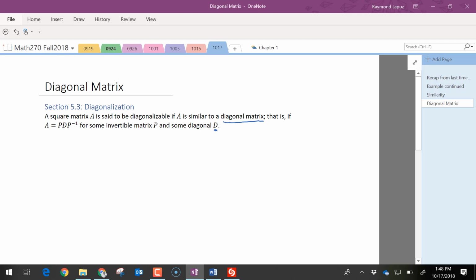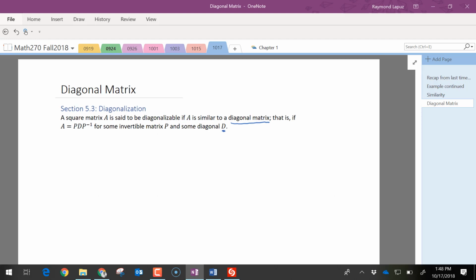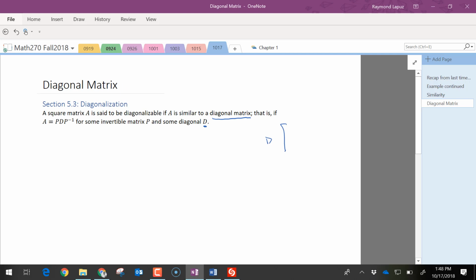A diagonal matrix is going to have whatever you have in the diagonal and 0 everywhere else. So it's not just an upper triangular matrix, not just a lower triangular matrix, but it actually has zeros everywhere except for the diagonal.